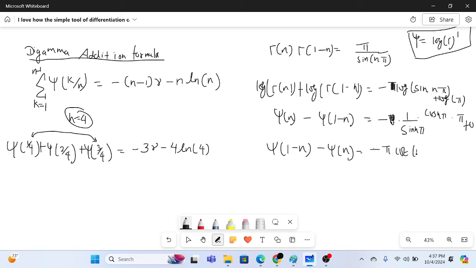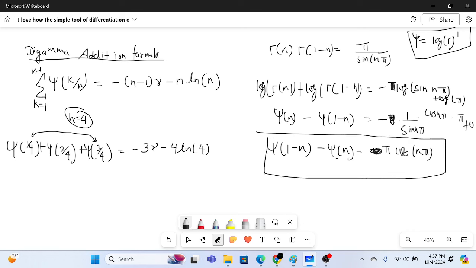This is confusing, but yes, it's right now. So this is the formula, right?